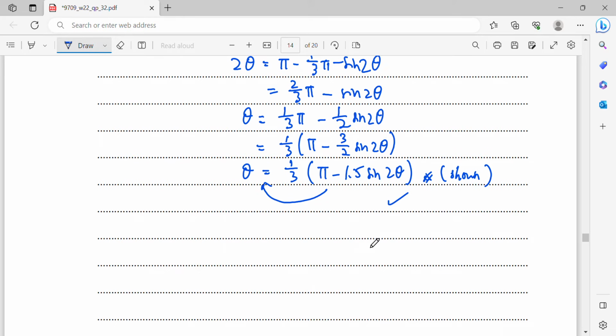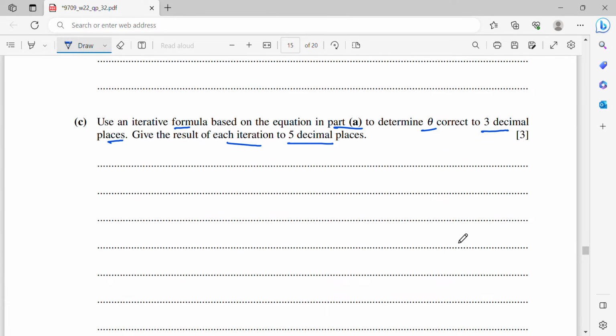For the iteration formula, we need to add on the subscripts. So I will rewrite: theta n plus 1 equals 1/3 bracket pi minus 1.5 sine 2 theta n.